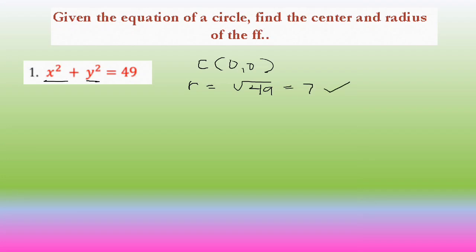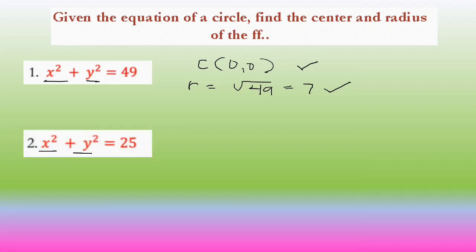So this is the radius, and this is the center for our first example. For our second example, the center is at 0, 0, and the radius is square root of 25, that is equal to 5.